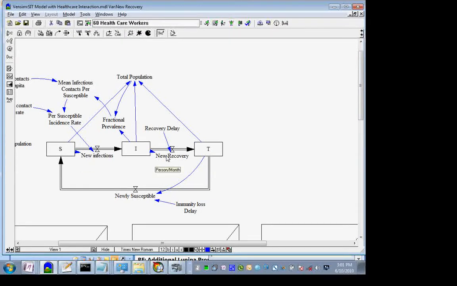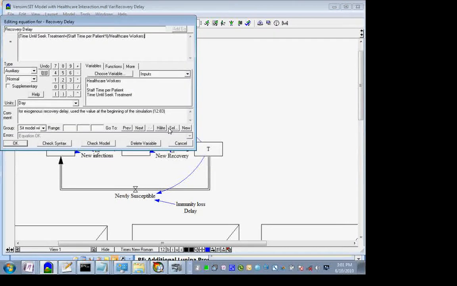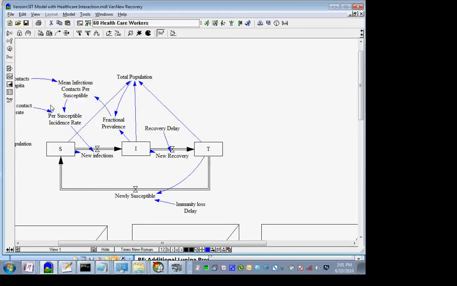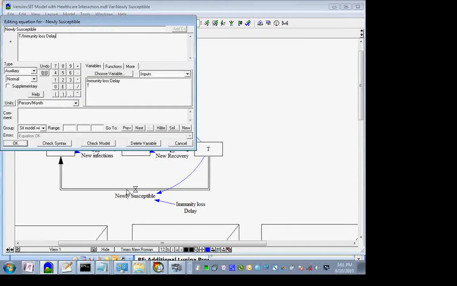This is day, right? So think about the formula. I divided by this, so this has got to be person per day. David, yeah. Well, no, never mind. That's okay. I actually was just going to ask a question about the numeric value of that recovery delay.